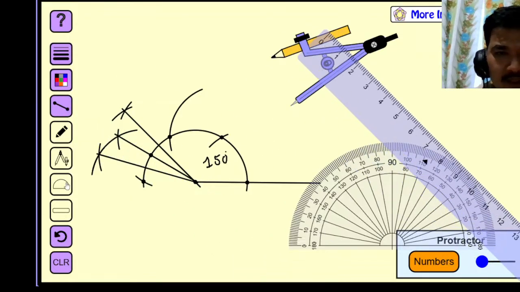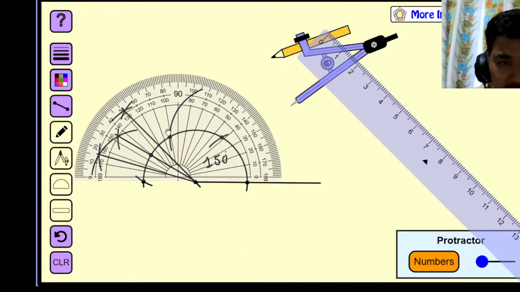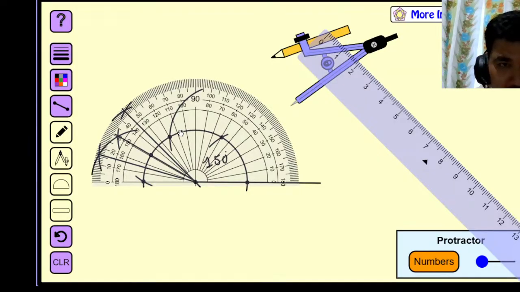Look here, we can check it also. See, bring it here. Look here, this is 130 and 5, 135. This 150 and this 165 is clearly here.